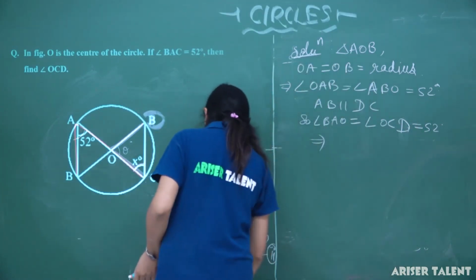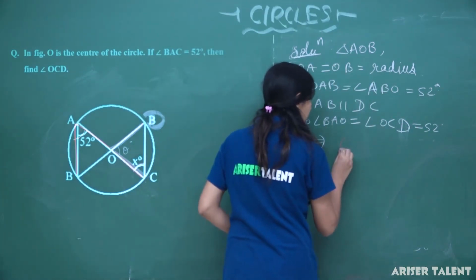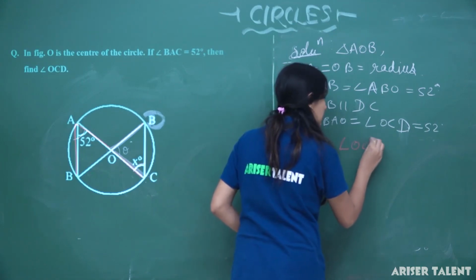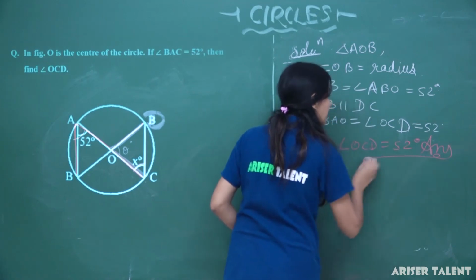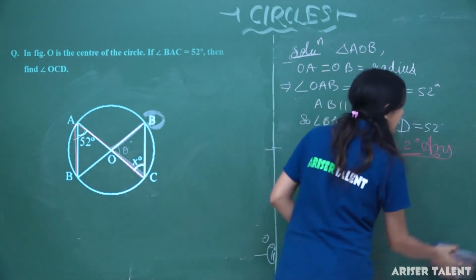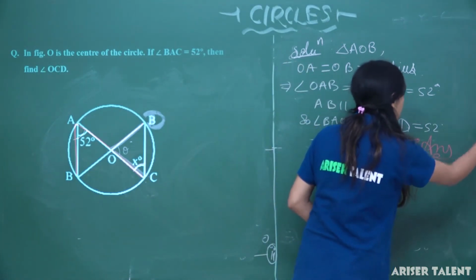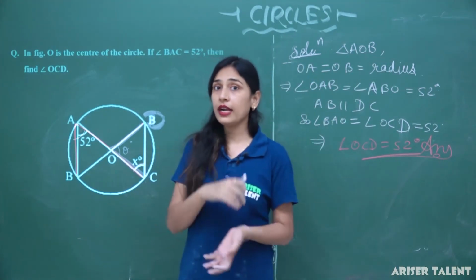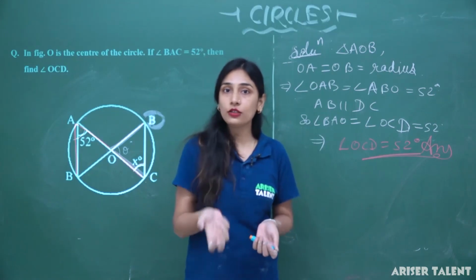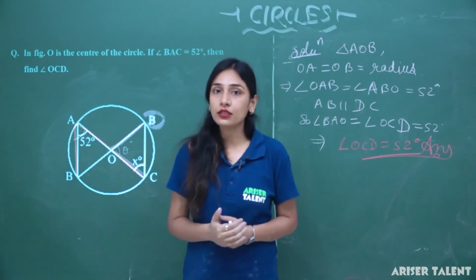This implies that, this is your answer, students. Angle OCD equals 52 degrees. That's your answer. So, you just apply the basic theorem of circles here and you add one more thing, the parallel line theorem, and you get the answer.